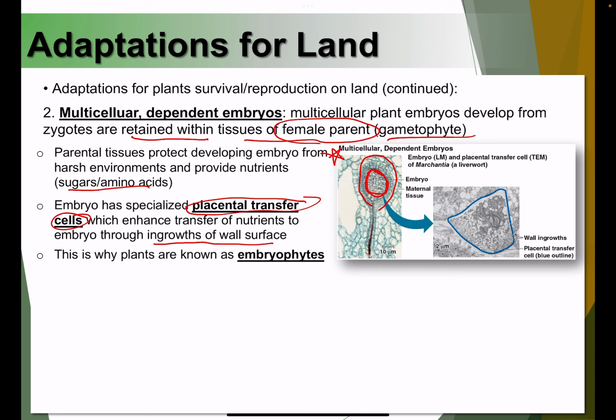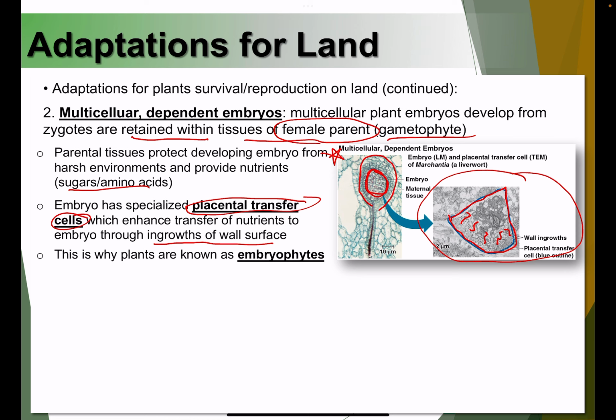So you can kind of see it here in this TEM magnified view of the embryo, because we're trying to look in there and magnify it up to see whether there is ingrowth in the wall surface, as we said. Supposedly here, you see these little squiggly lines. Those squiggly lines represent the wall ingrowth, and they are actually surrounded by this blue line layer of placental transfer cells indicated by that blue line.